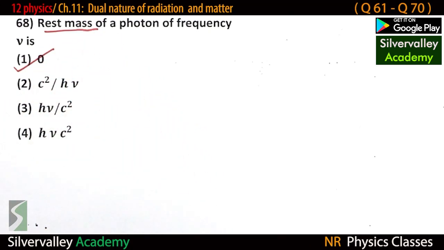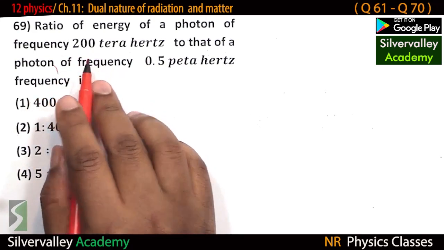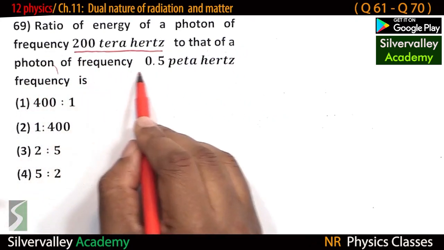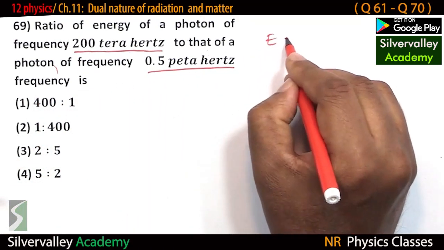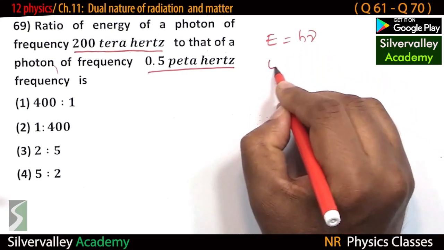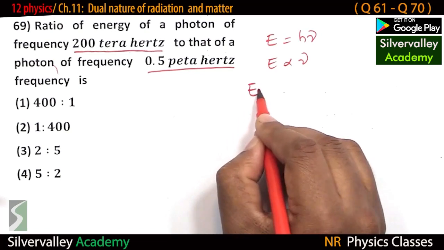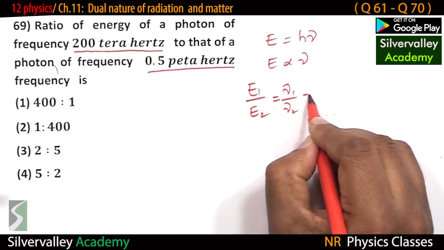Ratio of energy of a photon of frequency 200 terahertz to that of a photon of frequency 0.5 petahertz is? Energy is equal to h nu, so energy is proportional to frequency. Ratio of energy means E1 by E2 is nu1 by nu2.